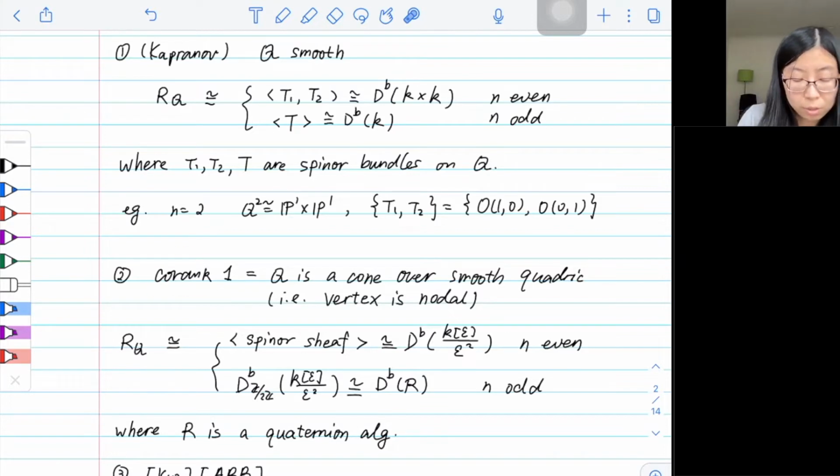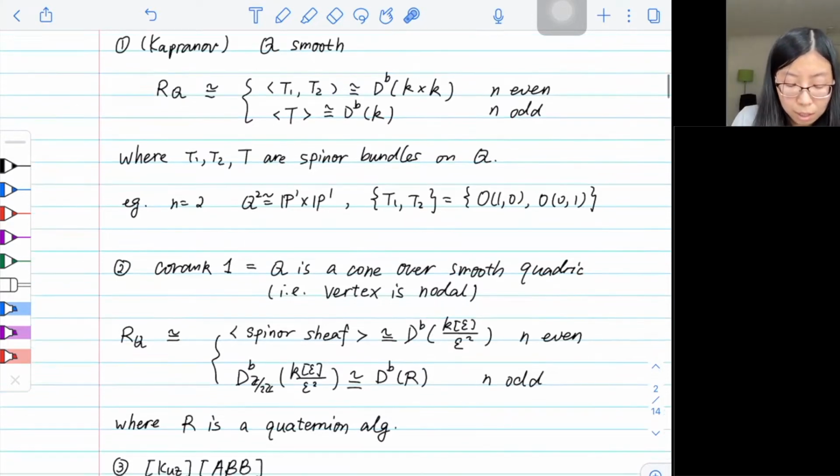The corank here is just the corank of that matrix. When it's corank 1, this quadric is a cone over a smooth quadric hypersurface of dimension one less. This is singular, the only singular point is the vertex, and it has a nodal singularity.